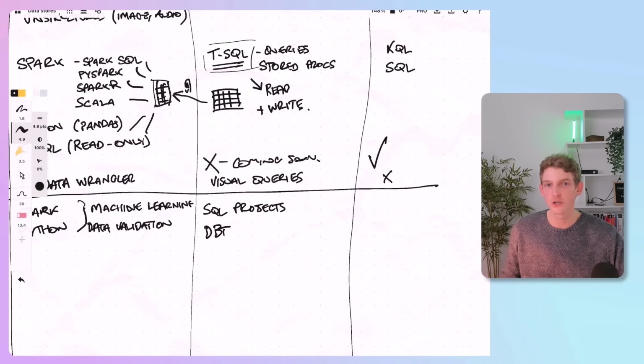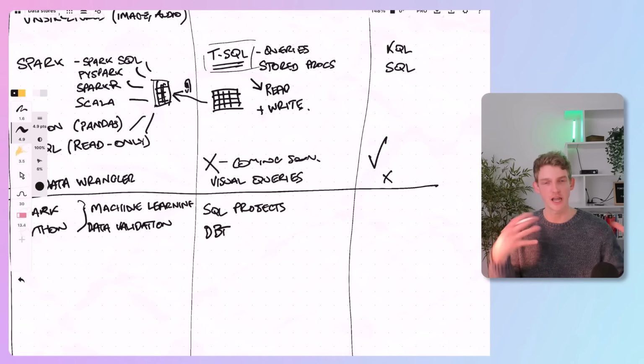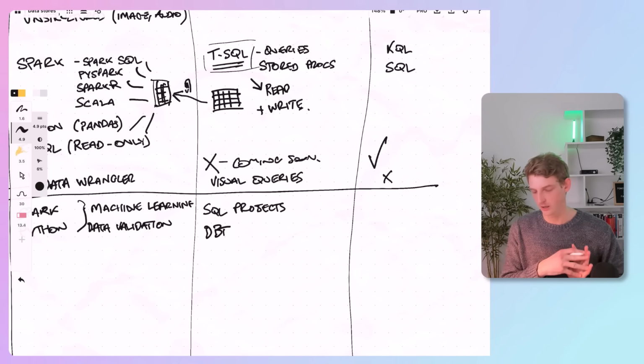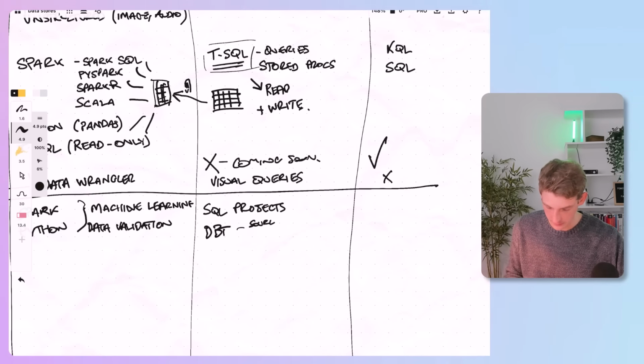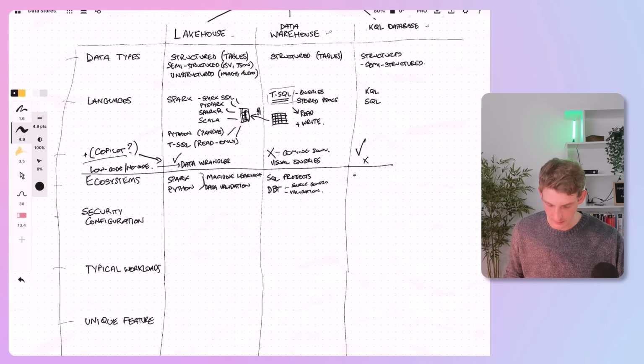What that means is we can use it as the transform tool, and it's all in SQL. So you can connect it to your Fabric data warehouse, and you can use it to build aggregations, you can use it to build analytical models, all that stuff. And the good thing is that your code in dbt is source controlled, and there's a lot of functionality for validation. So this is a really powerful ecosystem to tap into if you're going to be using the data warehouse.